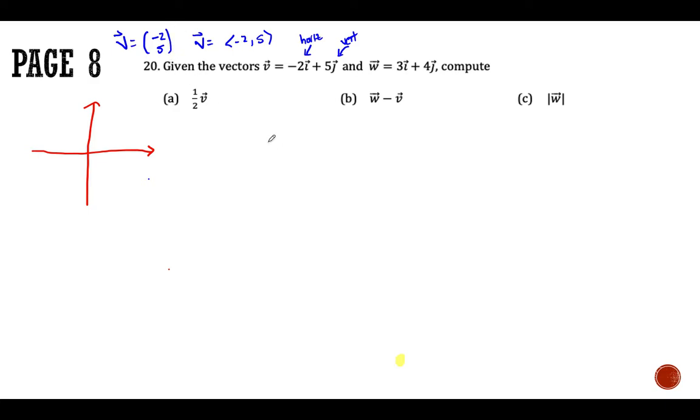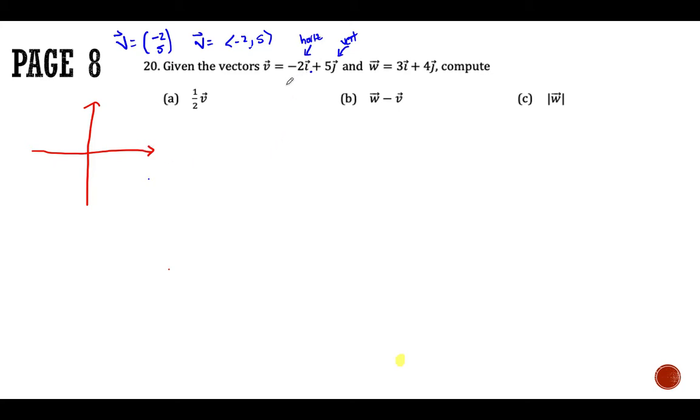Neither AP nor IB care how you write your vectors, but you have to recognize all of the notation: the ij notation, the component notation, or the IB notation, vertical component. AP tends to use either ij or component, horizontal component, they don't tend to use the vertical alignment.